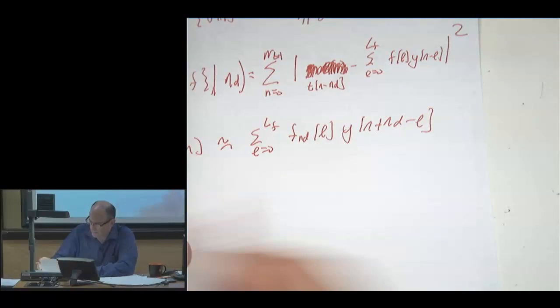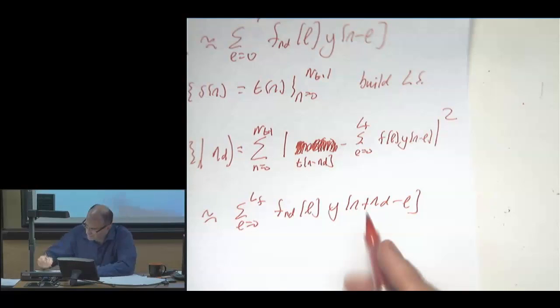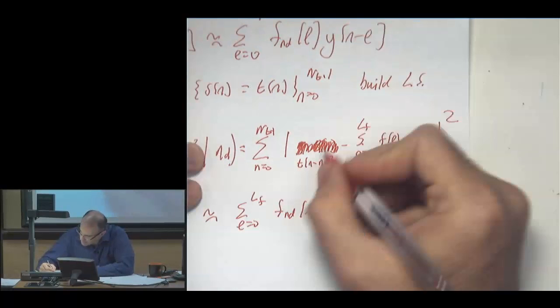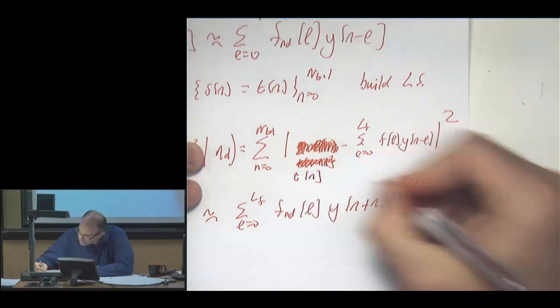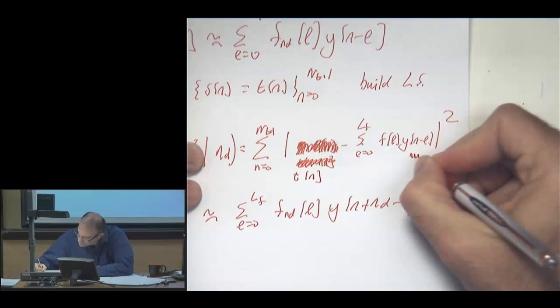And so now I'm going to write the squared error using this nice form that I have here, putting n plus n sub d.